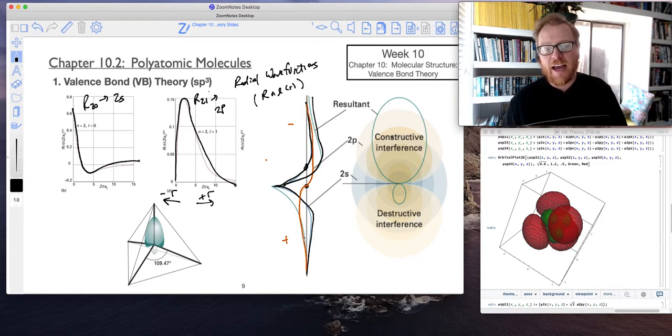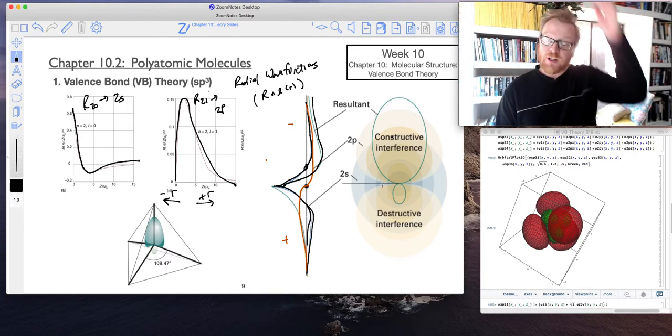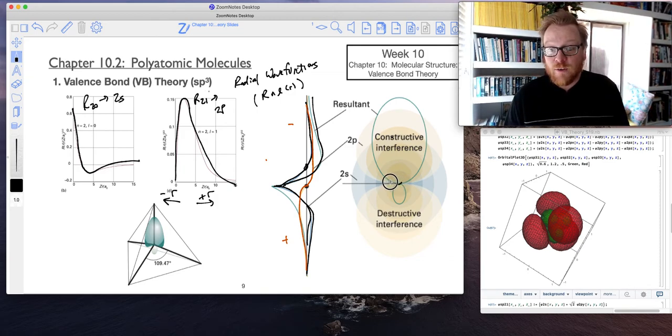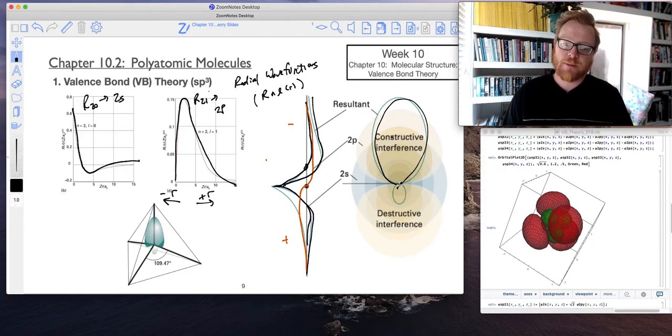And on this side of the axis, they're on opposite sides, okay? And so the result is destructive interference, which is a much smaller curve that's drawn there. And so when you look at those two shapes, you get a really large lobe looking like this. That's all constructive interference. And you get a small lobe that looks like this.